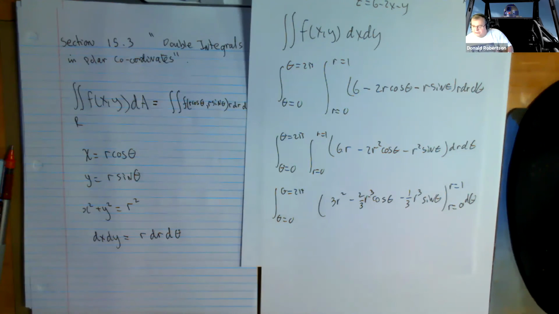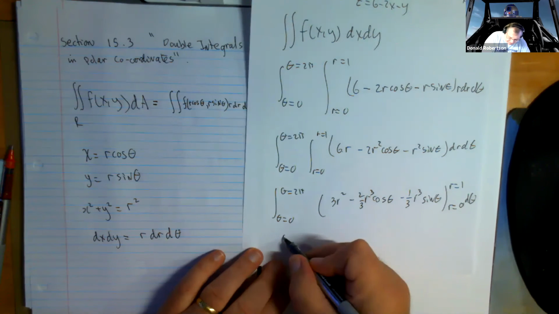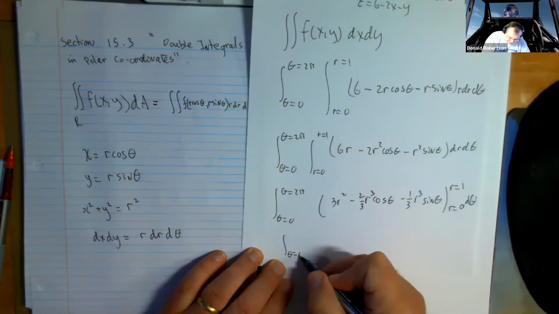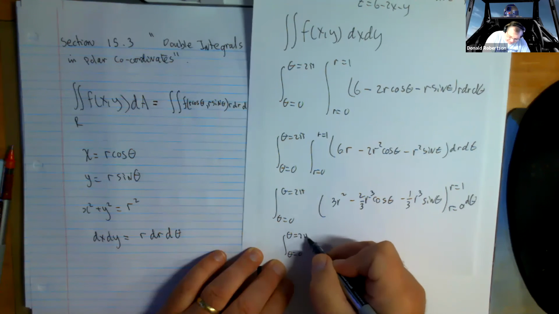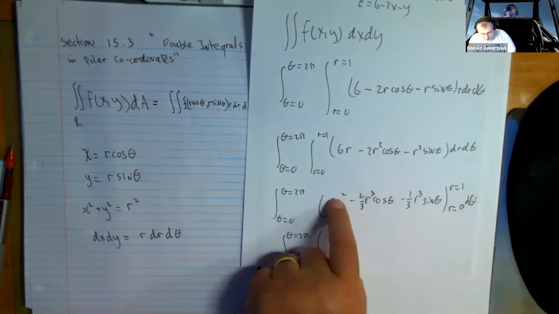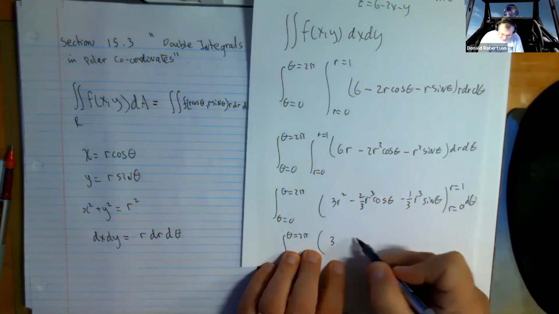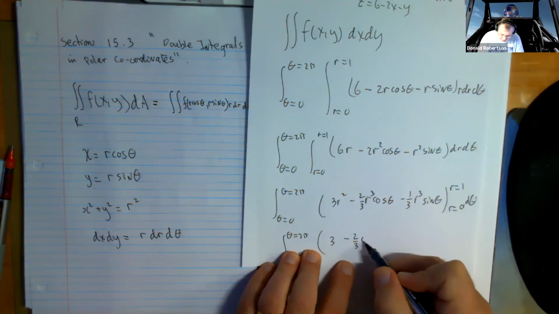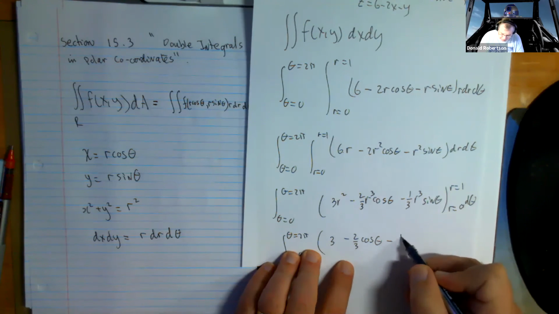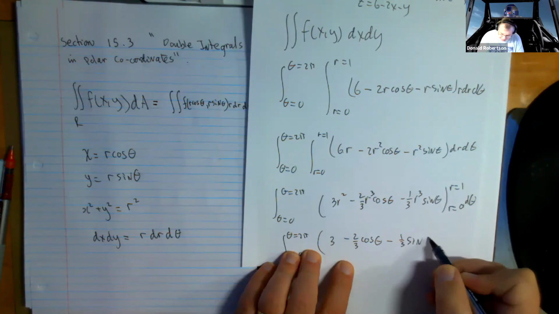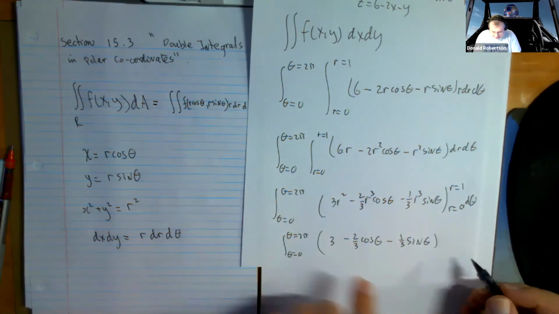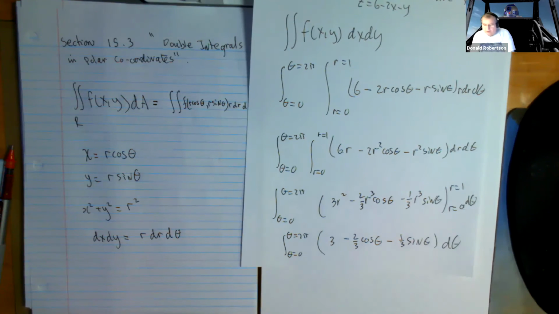The cosines and sines are just constants. Now, if you plug in 1, you get 3, take away 2/3 cosine theta, minus 1/3 sine of theta. You put in 0, you don't get anything. Bingo. Would you agree we're just down to a normal calc 2 integral using sines and cosines? Nothing too special.